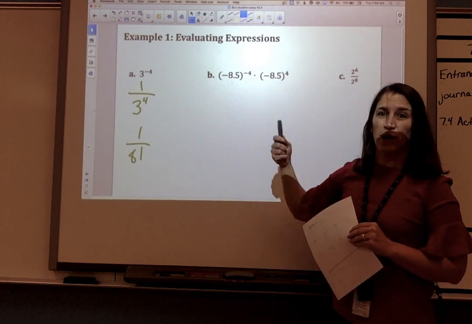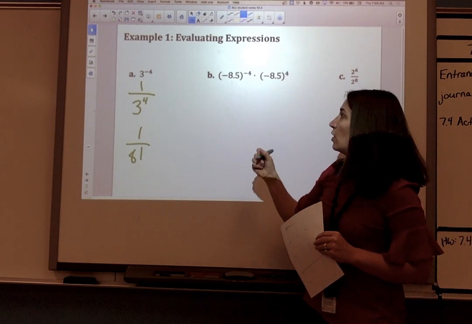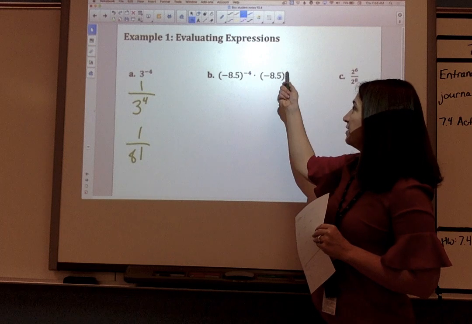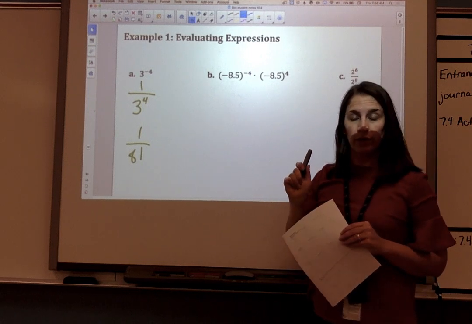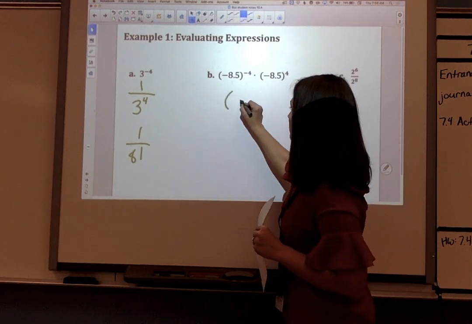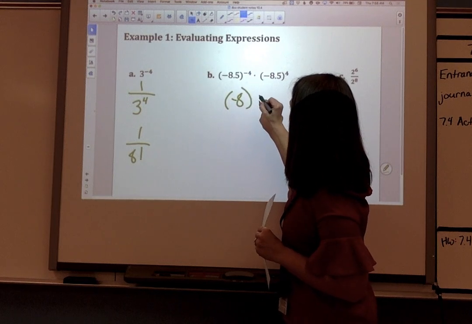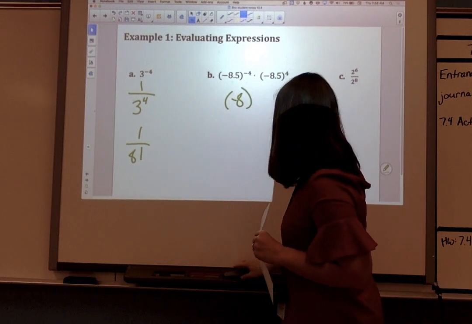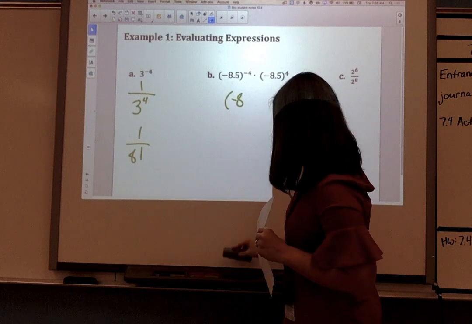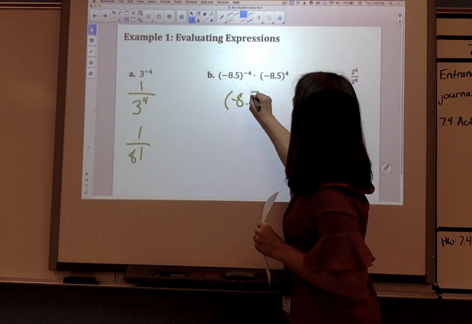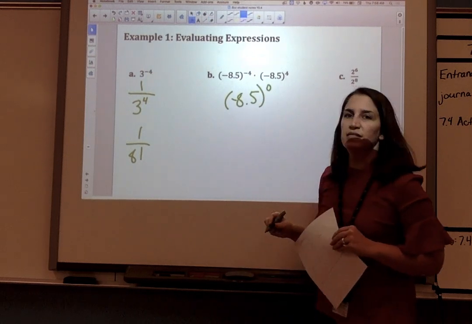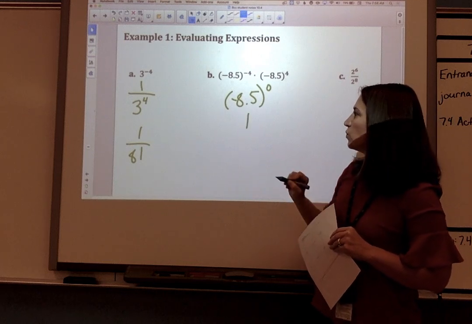All right, for this next one, we'll go ahead and use our product of power property to say both of these powers have the same base. So our exponent would be negative 4 plus 4, which is 0. So negative 8.5 to the 0th power, which is 1.